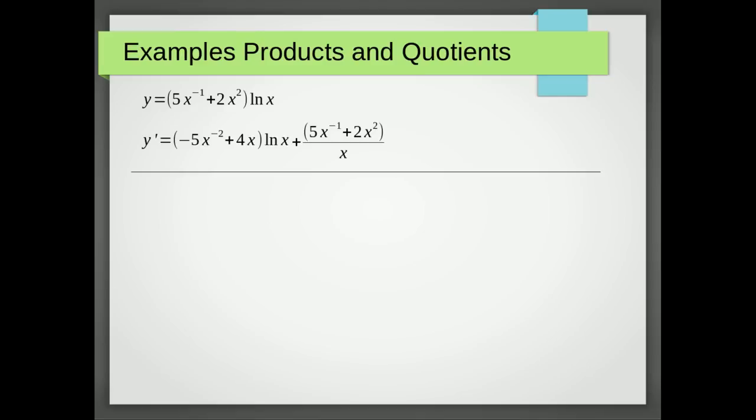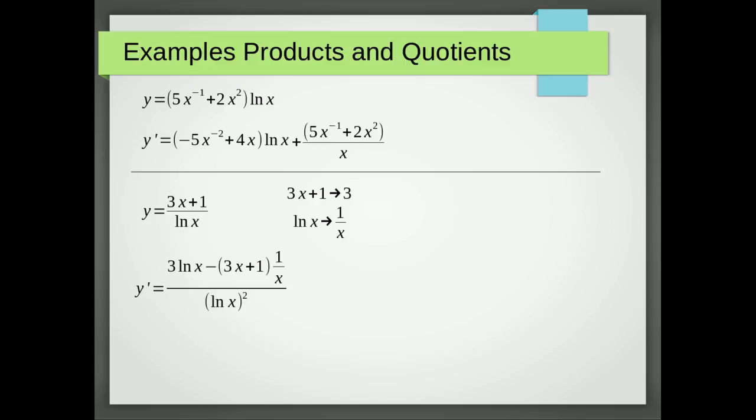Okay, let's have a look at another example now, a quotient. Now it is quite useful when we're differentiating quotients to actually separately differentiate the top and the bottom, because we know we're going to use those values. So when I differentiate 3x plus 1 I get 3, and when I differentiate the natural log of x I get 1 over x.